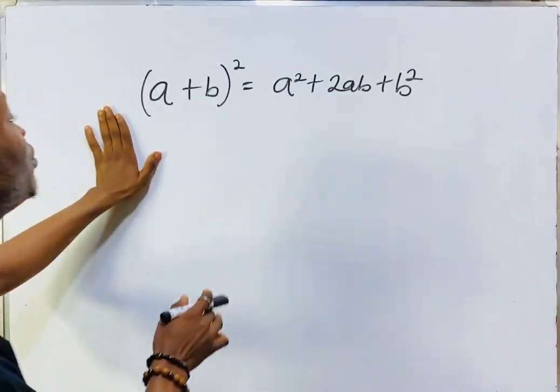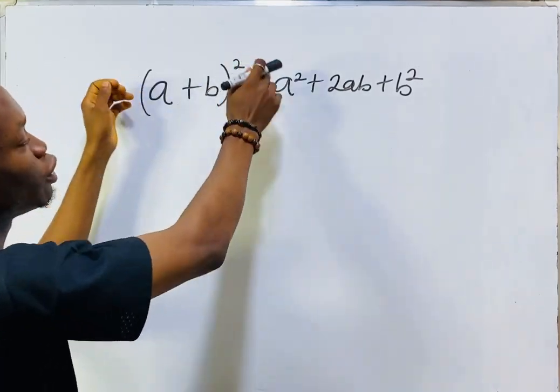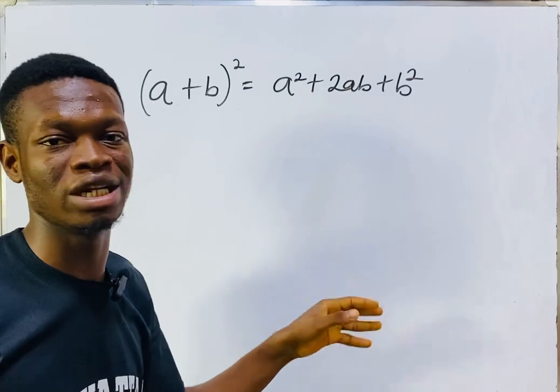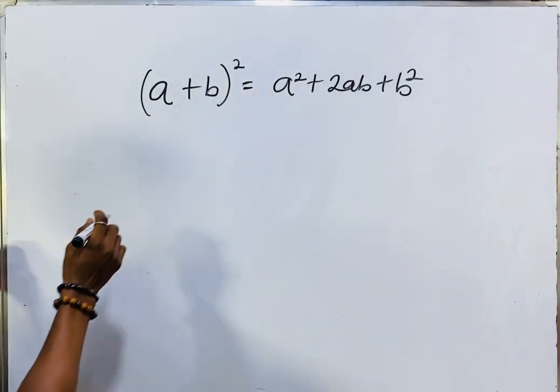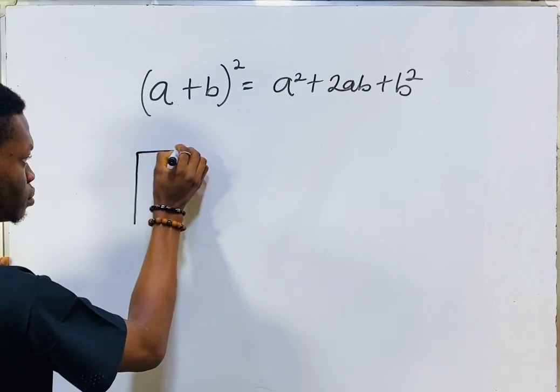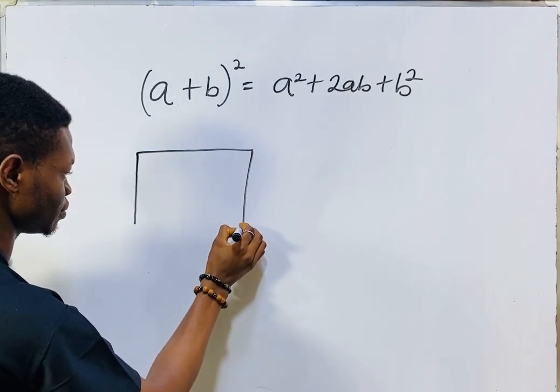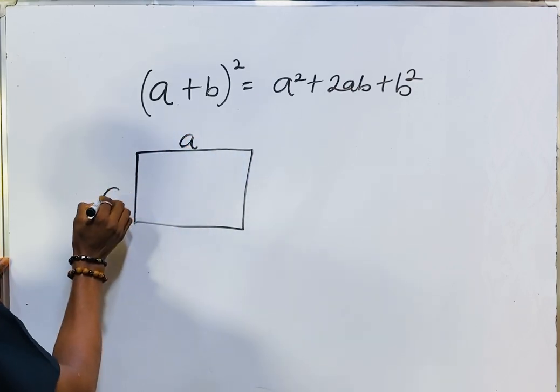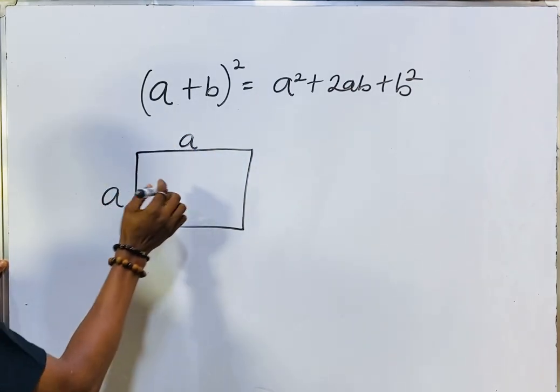Today we are going to be proving that (a plus b) all squared is equal to a squared plus 2ab plus b squared geometrically. Now, if we have a square, this is a square, right? And remember that if I have a here, I have a here, that a times a will give me what?